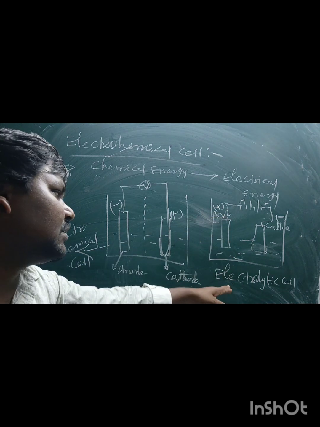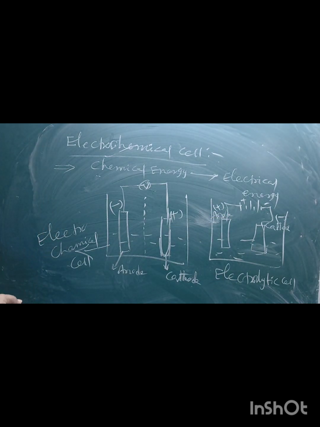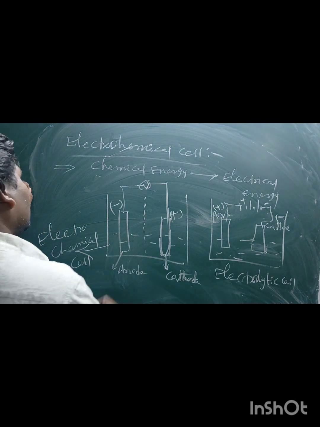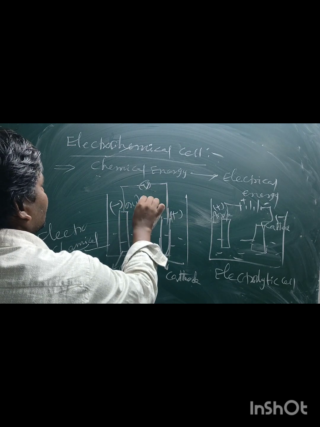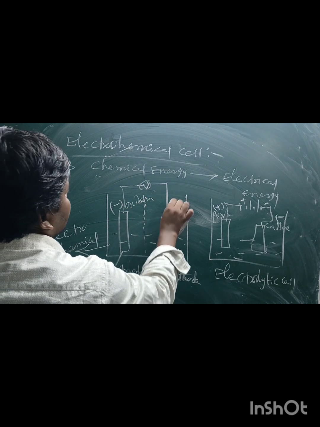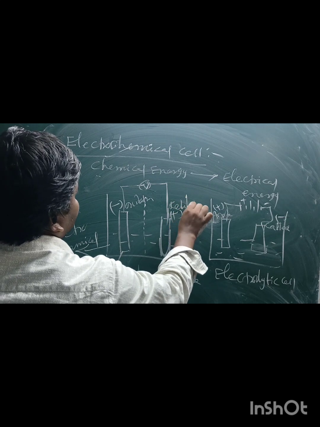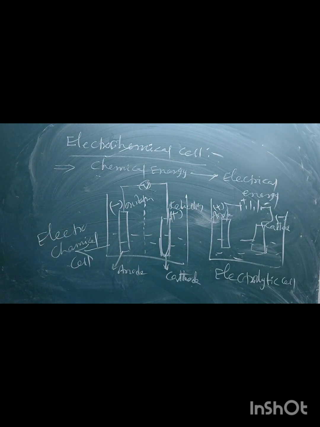Here is a non-spontaneous redox reaction, here a spontaneous redox reaction. At the anode oxidation takes place, at the cathode reduction takes place spontaneously, continuously. Okay, these are the differences between electrolytic and electrochemical cells.